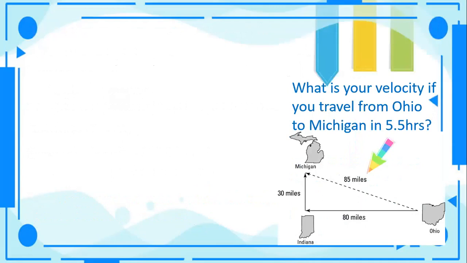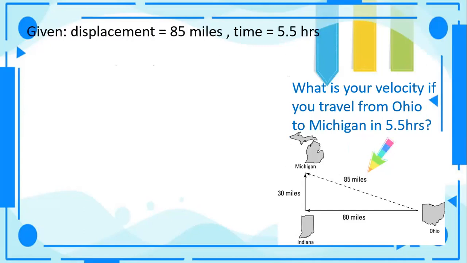What if you are traveling from Ohio to Michigan with 85 miles in 5.5 hours? What will be your velocity? So based on the problem, we have a given of displacement equals 85 miles and time 5.5 hours.